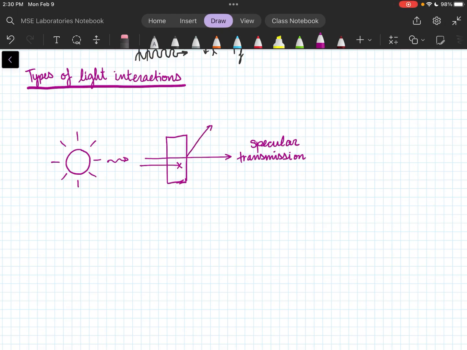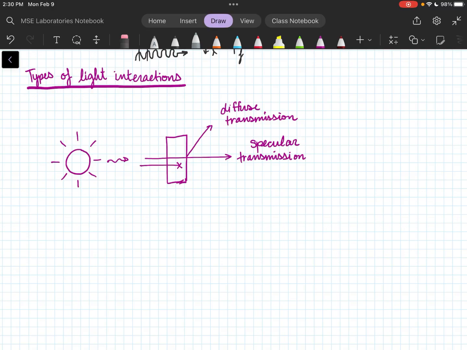We can also have diffuse transmission. So specular transmission and diffuse transmission. Specular is straight through. Diffuse means that it scatters. It comes out at an angle.